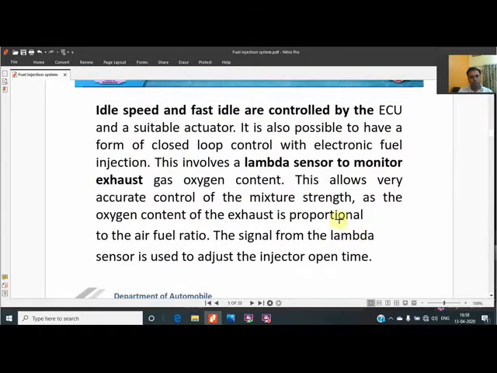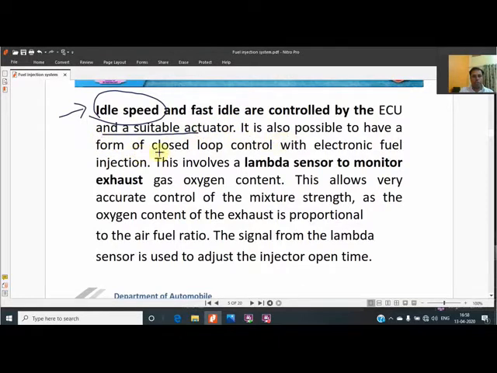Now hereafter, what conditions of speed are there, because there are two conditions of speed. One is the idle speed, means the vehicle is at idle condition, standing still, and the other is under running condition. And the second is the fast idle, controlled by the ECU and a suitable actuator.